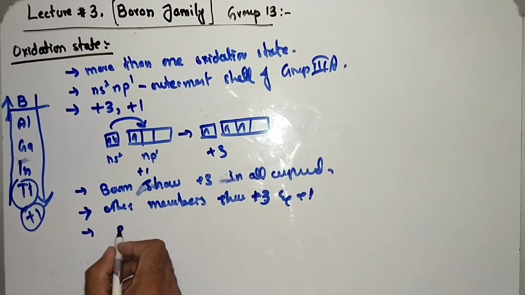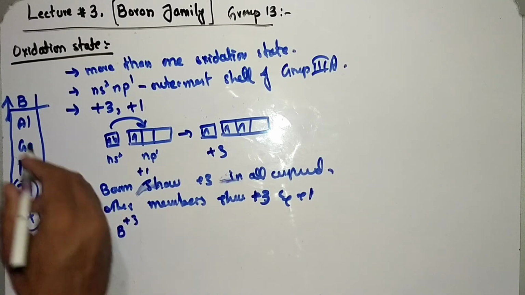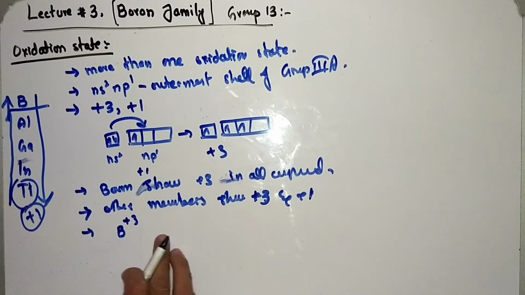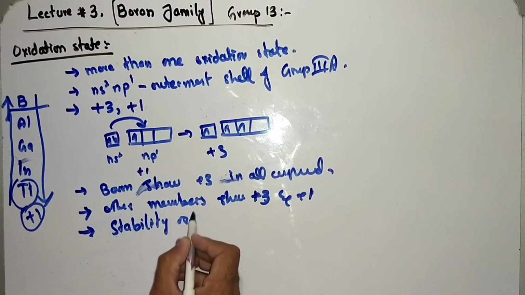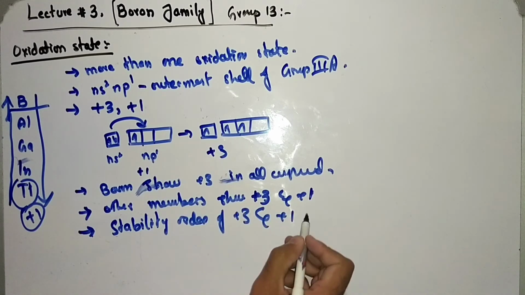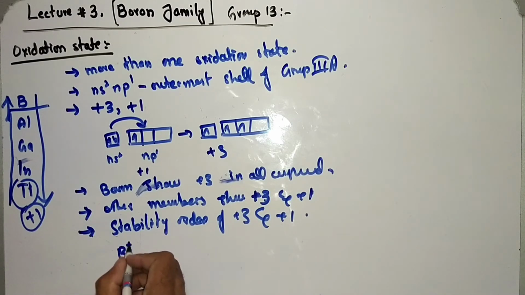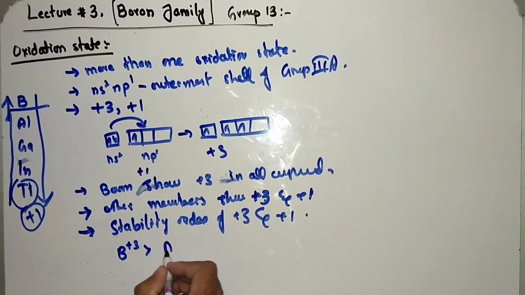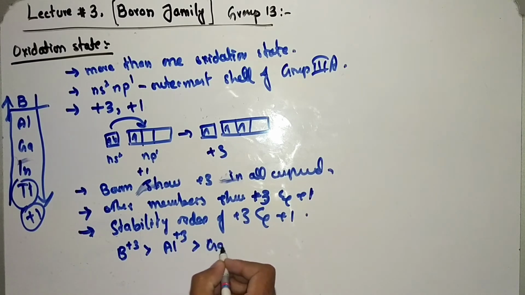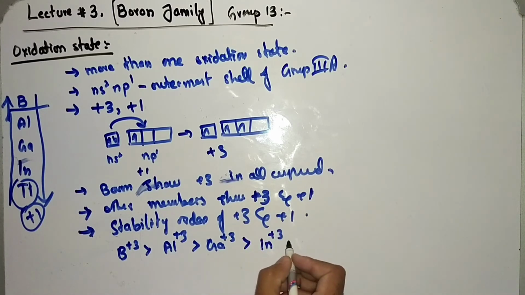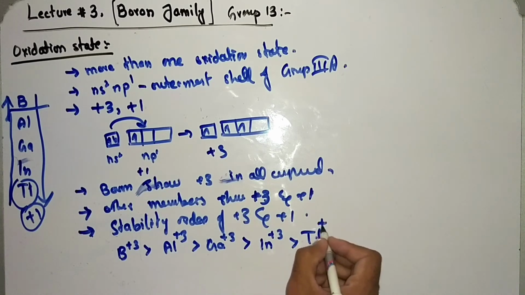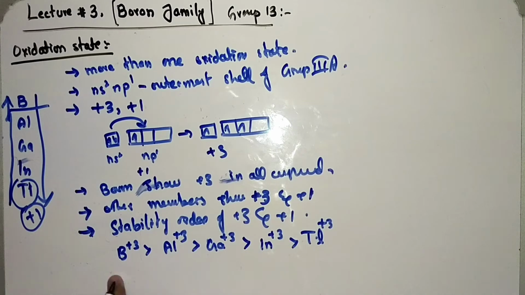Here you can write the relative stability order of the +3 and +1 oxidation states. In the +3 oxidation state, boron is more stable than aluminium in +3, which is more stable than gallium in +3, which is more stable than indium in +3, which is more stable than thallium in +3.